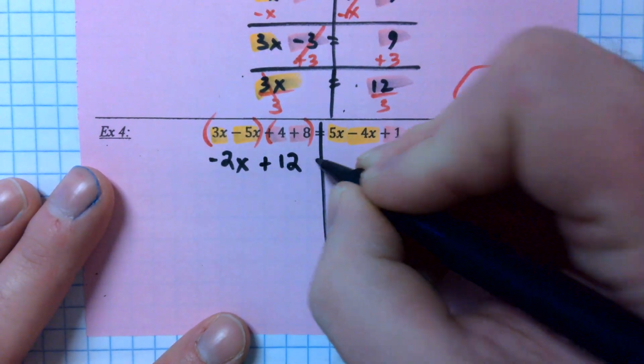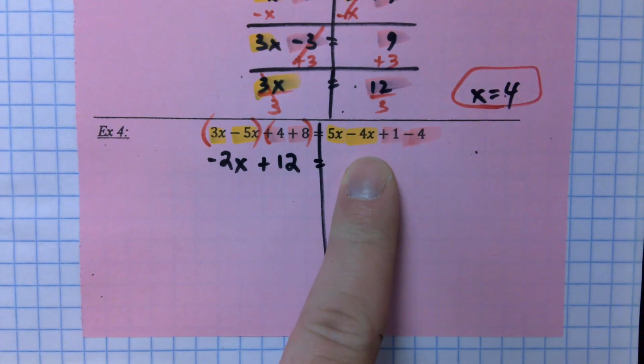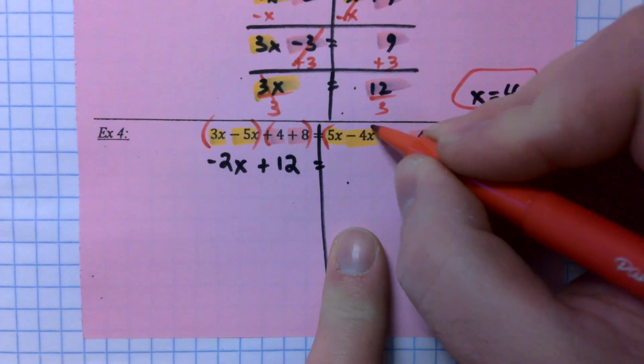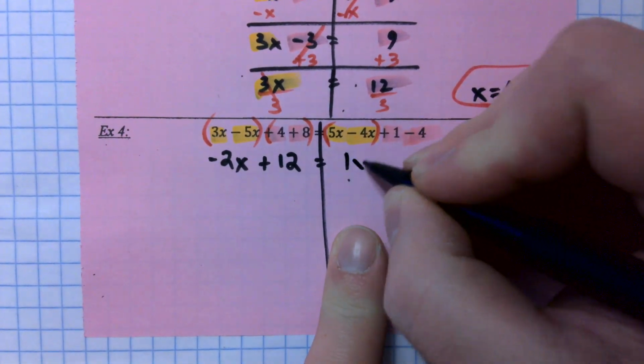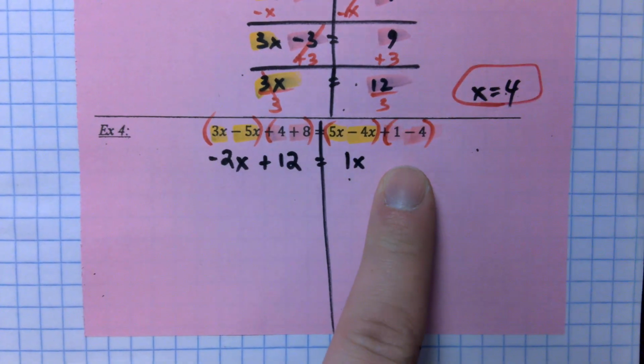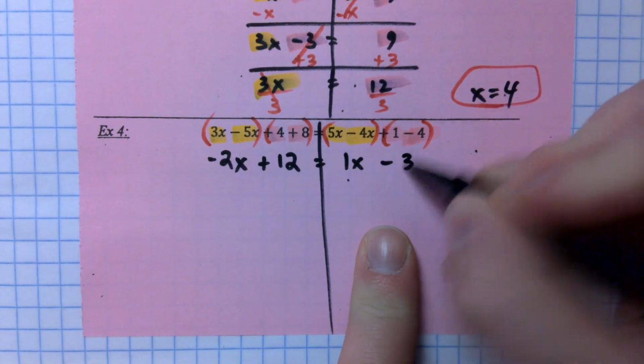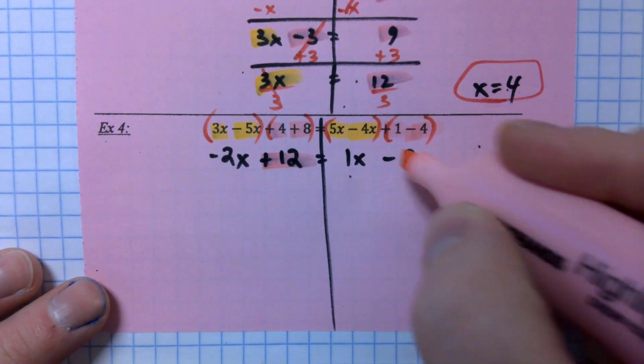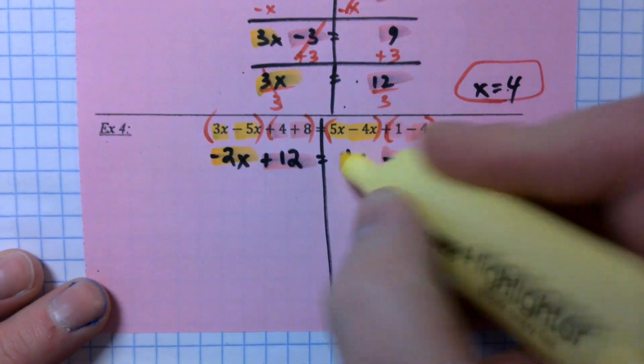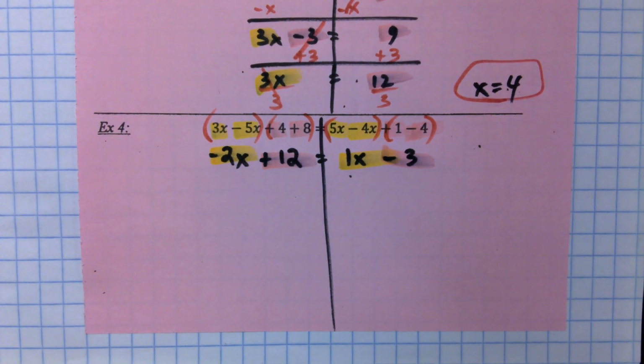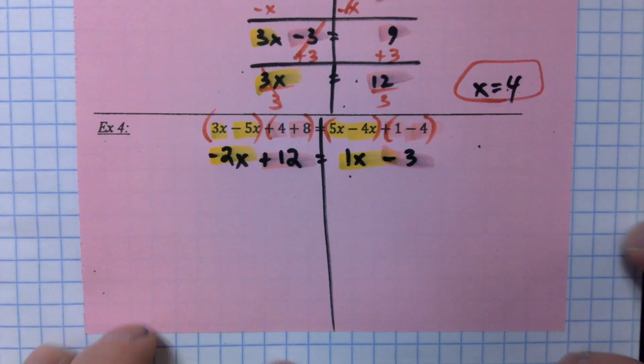Plus. Can I combine anything on the right? Yeah. What's 5x minus 4x? 1x. And what's 1 minus 4? -3.